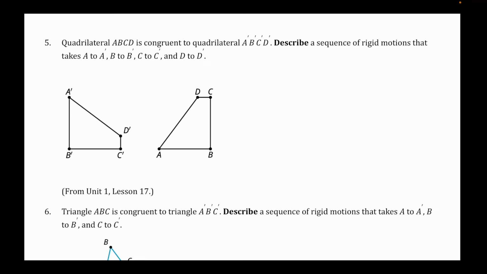So I can say translate A, B, C, D. Now, there are 2 ways to say this. In my class, we talked about using "so that the 2 points coincide." The other way to say this is translate A, B, C, D by directed line segment A A prime.